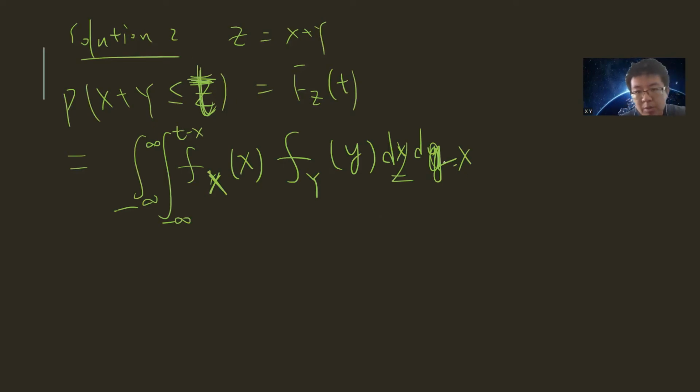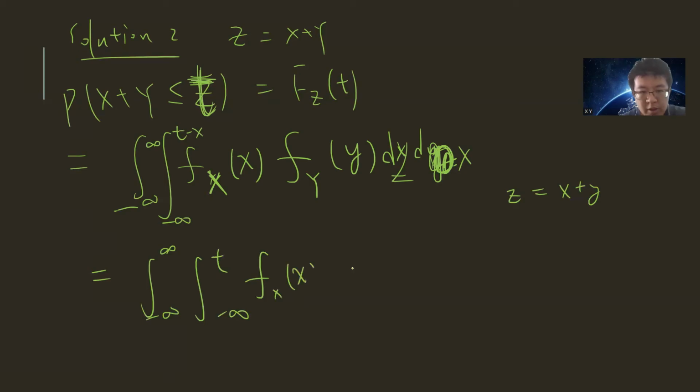Up to now, you want to make a change of variable: let z be x plus y. So this will be from negative infinity to t, f of x, f of y, and now you change y to be z minus x, with dz dx.